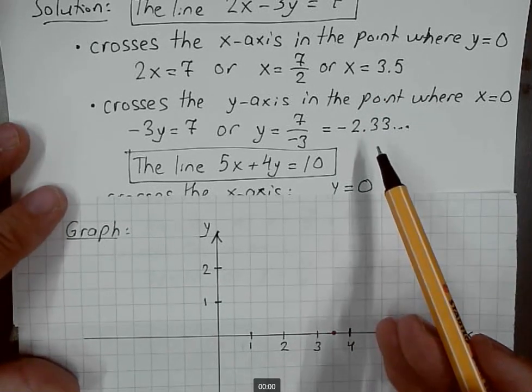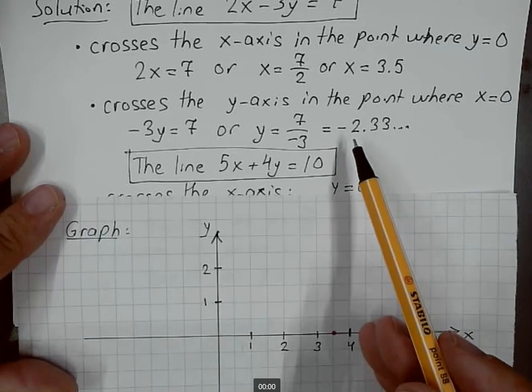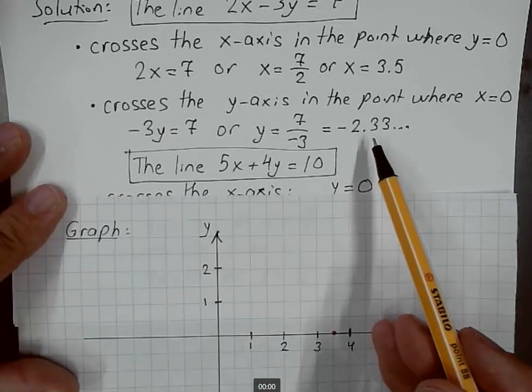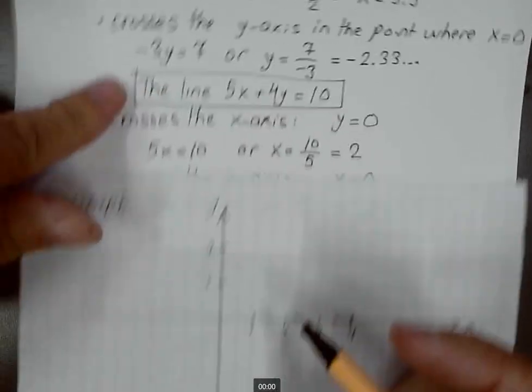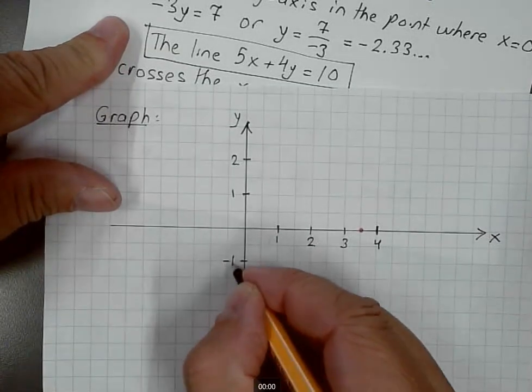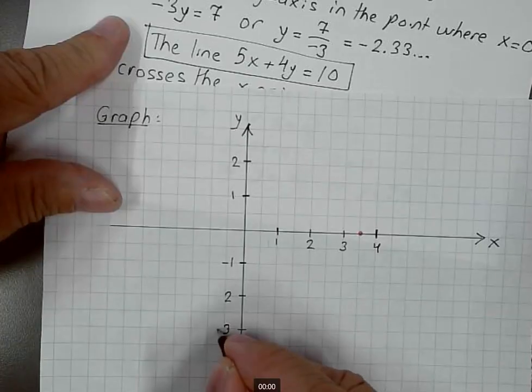And the y-axis intersection point is in the height of -2.33. So we need those negative values also here. -1, -2, -3.